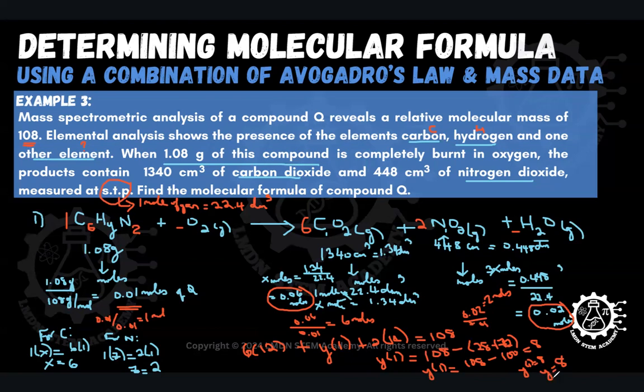And so now we can go up here, and wherever we see Y, we can take it out. Let's take out Y and put in the 8. All right, so there we have it. That is the molecular formula of compound Q. Let's write it here: C6H8N2. So that is the molecular formula of our compound.